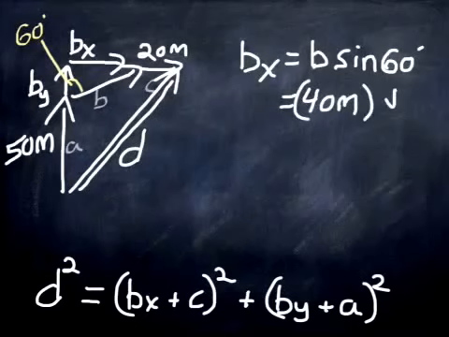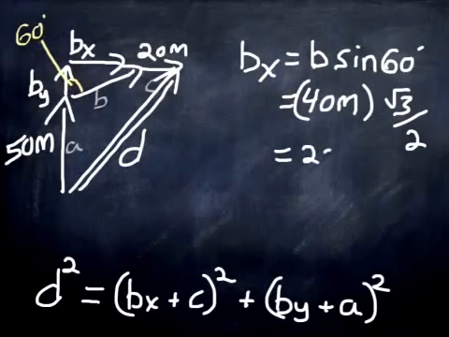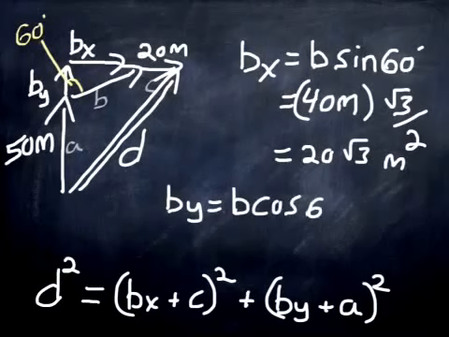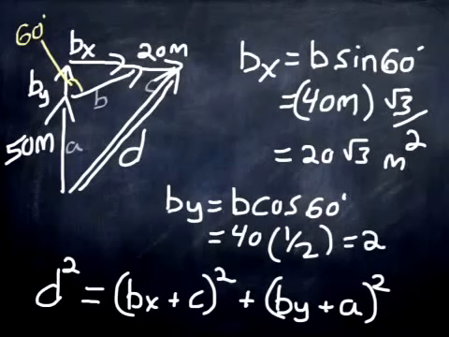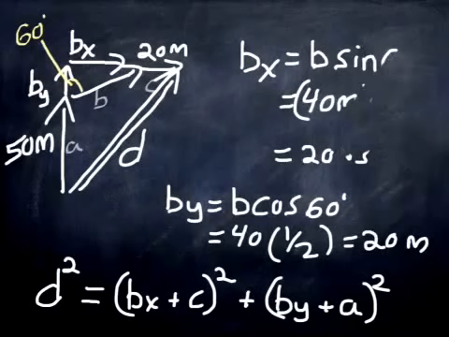B is 40 meters. Sine of 60 is root 3 over 2. So we have 20 root 3 meters. BY is found similarly. BY is B cosine theta. 40 times 1/2, since cosine 60 degrees is 1/2, equals 20 meters. Again, from previous videos and material, you should be familiar with cosine 60 degrees is 1/2 and sine 60 degrees is root 3 over 2.